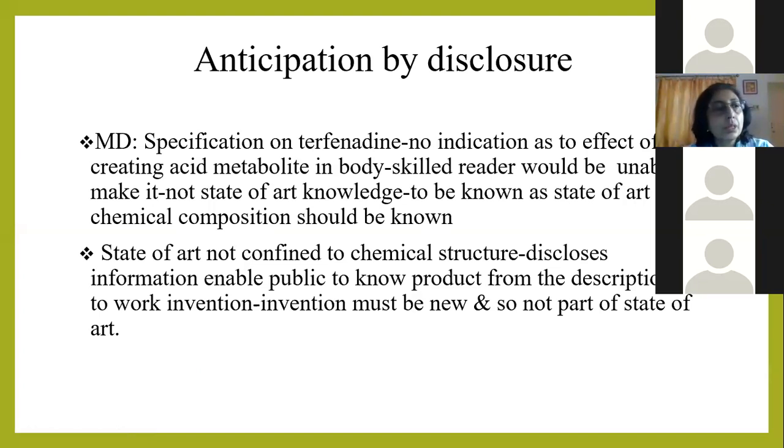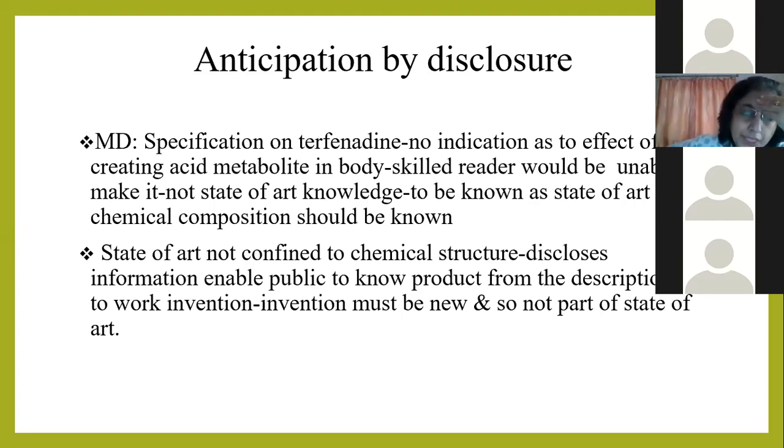So according to Merrill, their first specification did not say that it is the acid metabolite in the body which gives the effect. It does not identify it by its chemical structure, or enable the public to know about the product from the description or to work the invention, and accordingly the second patent was novel.